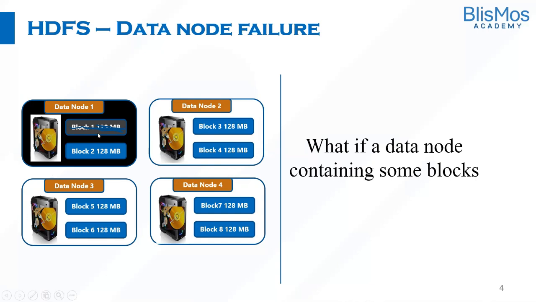We will not be able to get the whole file we have stored. Out of the 1 GB file, maybe almost 256 MB of the data is gone, which may be very important for us. That is also not a good thing to happen. So these are the things which will happen in case a data node fails.